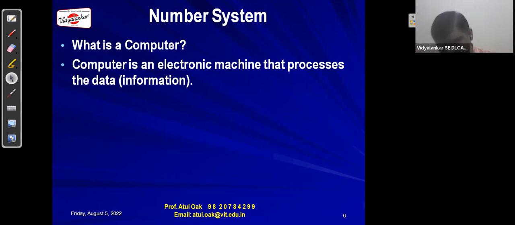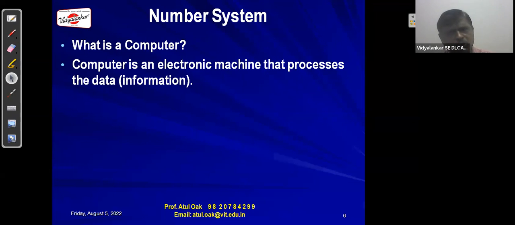Why electronic? You will agree. If you open your desktop or laptop out of curiosity, you will find lots of ICs, that is integrated circuits. Your motherboard has a large number of ICs.